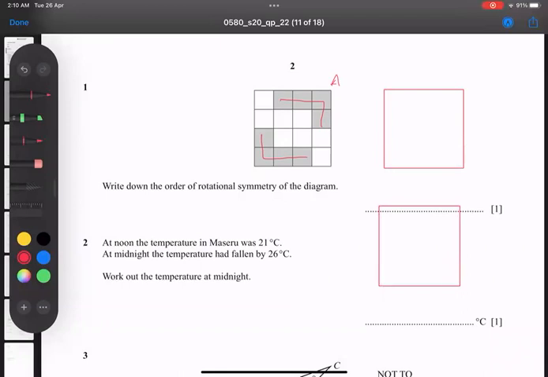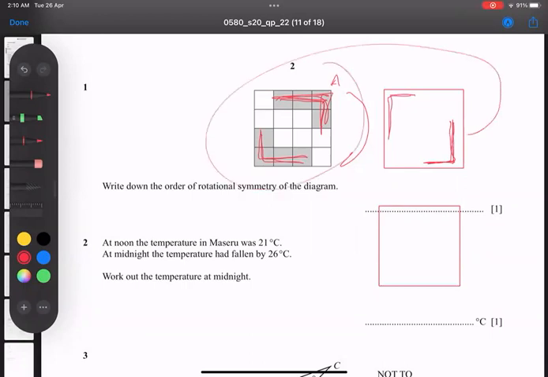For example, if I rotate it and this L shape, which is here, comes here, and this L shape goes here, this is not the same as the original one. It's different, so don't count it.